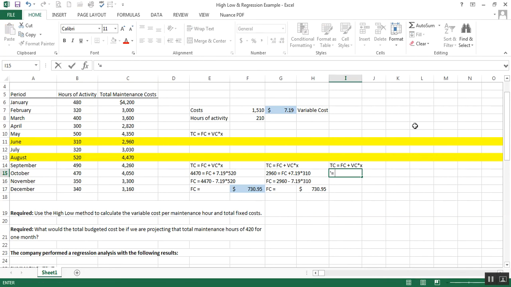Our fixed cost we know is $730.95 plus our variable cost of $7.19 times 420 hours. So this is our total cost for 420 hours.